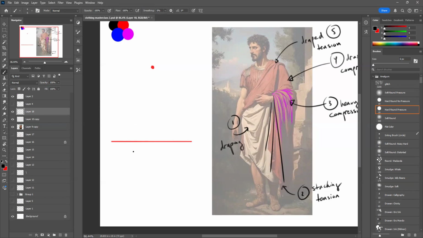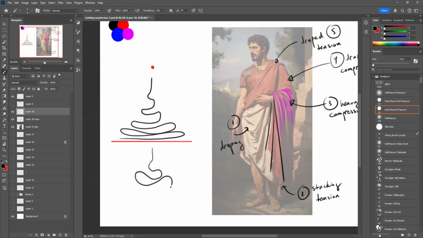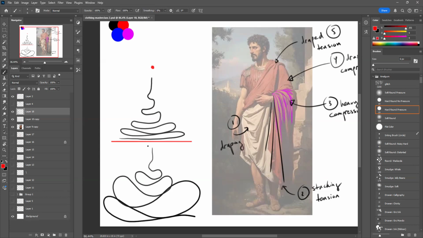And the fabric will kind of pool into itself. There's a lot of different ways to draw this. The general way is to imagine waves that get less and less angry. I'll draw one more time a little slower. You come down straight, and there's a small wave, then a bigger wave, and a bigger wave, and a bigger wave. That's what's happening as the fabric pools into itself to rest on the ground.